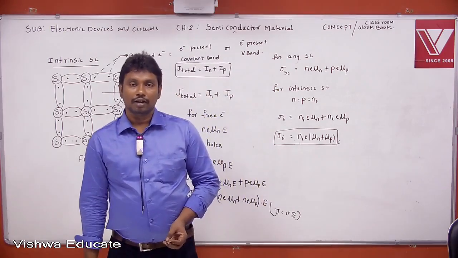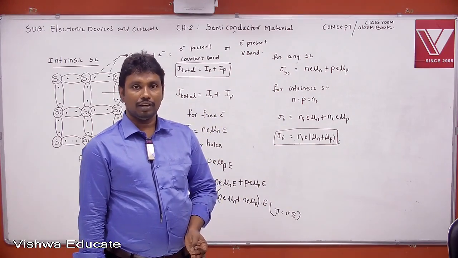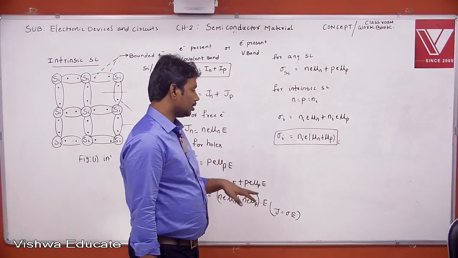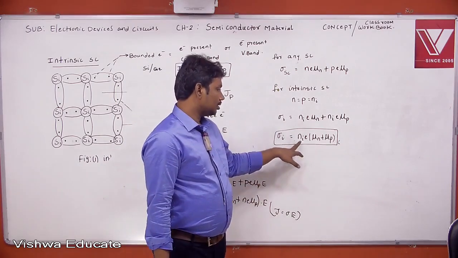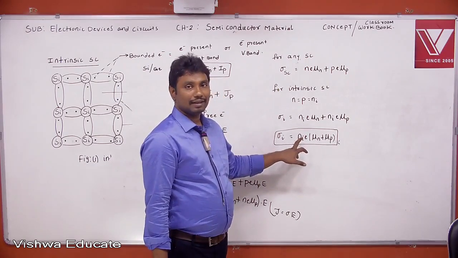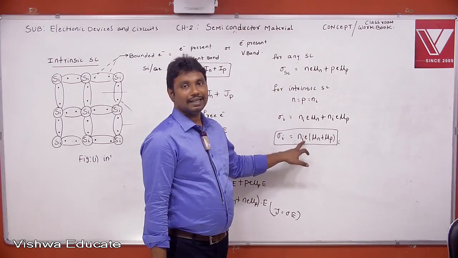Write down, where Ni is the free electron concentration or hole concentration, that is the intrinsic concentration.